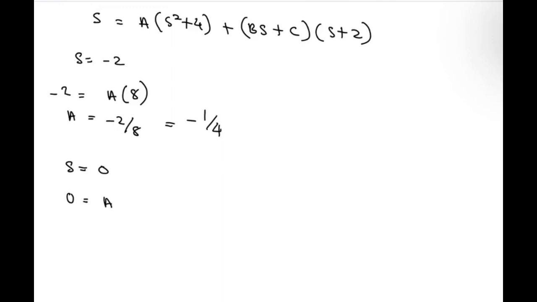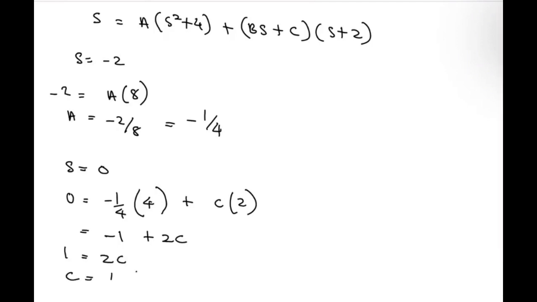A we know equal to minus 1 over 4, so let's write minus 1 over 4 times 0 plus 4. B times 0 will be 0, so we have C times 0 plus 2, so times 2. So we will have minus 1 plus 2C. So 1 equal to 2C. So C equal to 1 over 2.